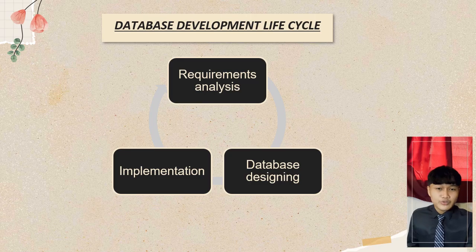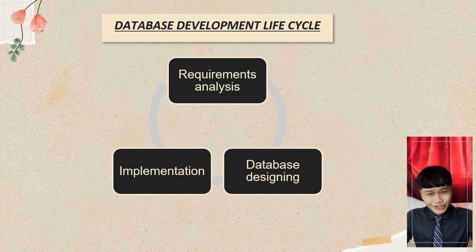Database design also has two components, which are the logical model and the physical model. The logical model is the stage concerned with developing a database model based on requirements, and the physical model is the stage that implements the logical model of the database, taking into account the DBMS and physical implementation factors.